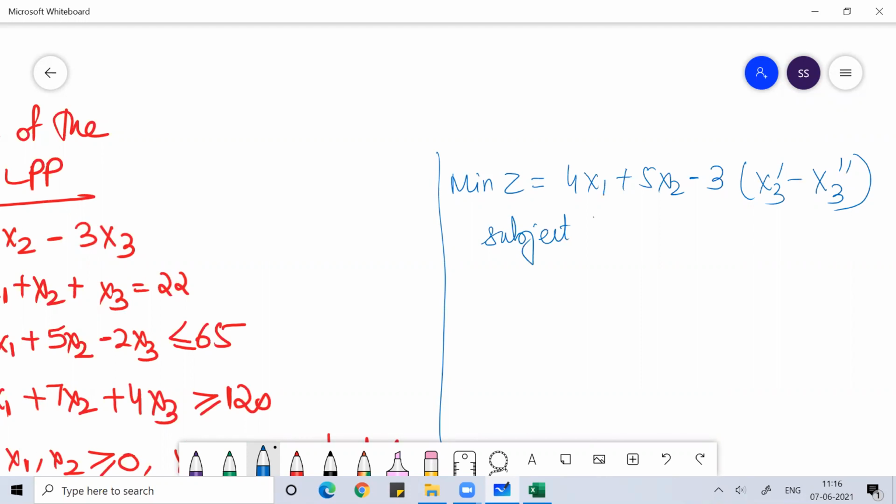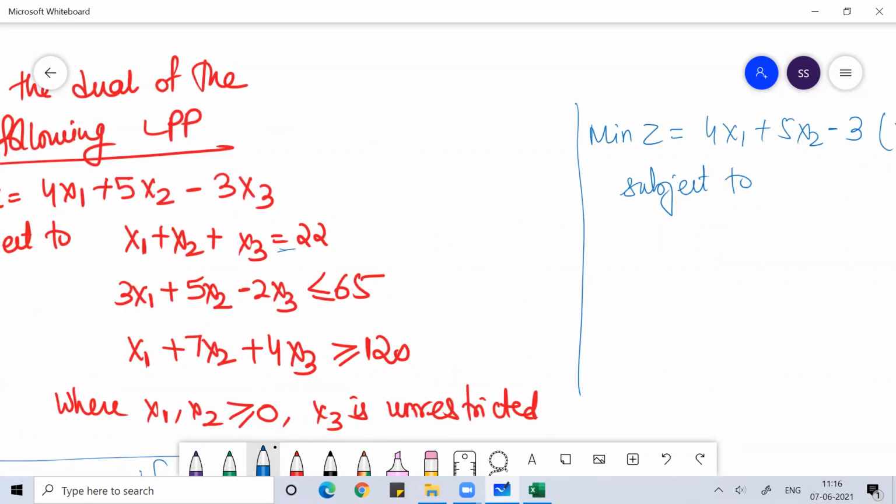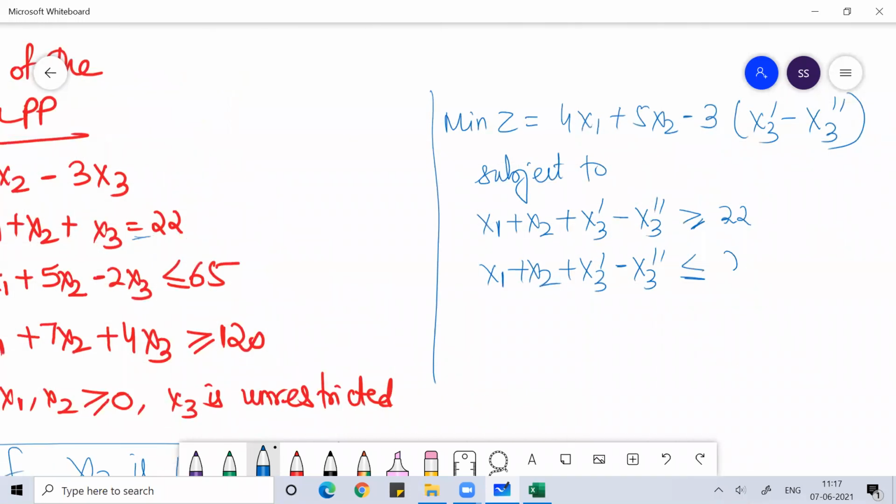subject to constraint. See here, equal to sign is there, guys. Equal to, I hope by this time you know. So this would be x1 plus x2 plus x3 dash minus x3 double dash greater than or equal to 22. This would be x1 plus x2 plus x3 dash minus x3 double dash is less than or equal to 22. Clear, everyone? You understand equal to sign means?